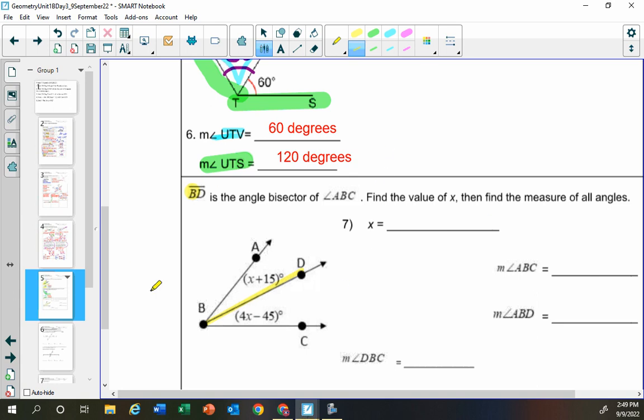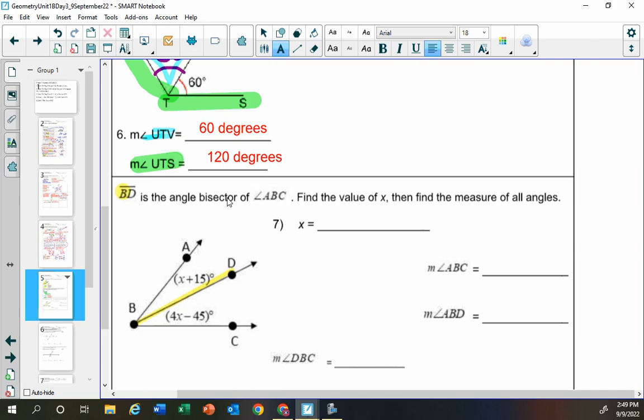So for this last one, your setup is going to be the following. Since BD's a bisector, you have to set x plus 15 equal to 4x minus 45.